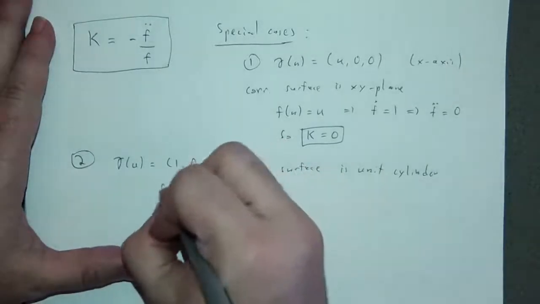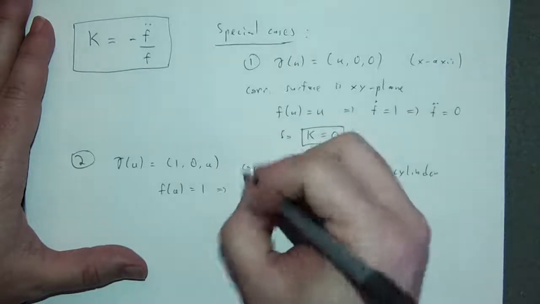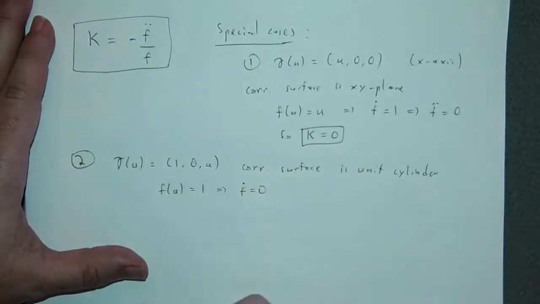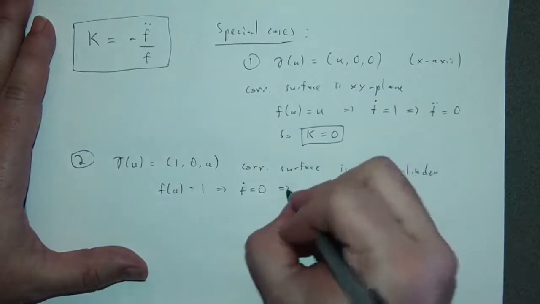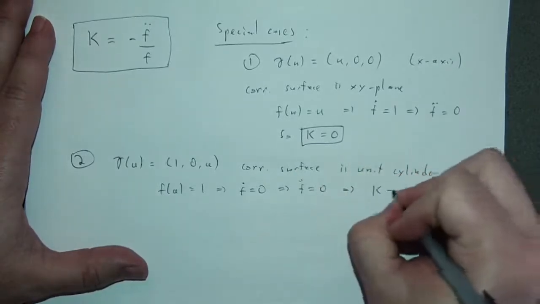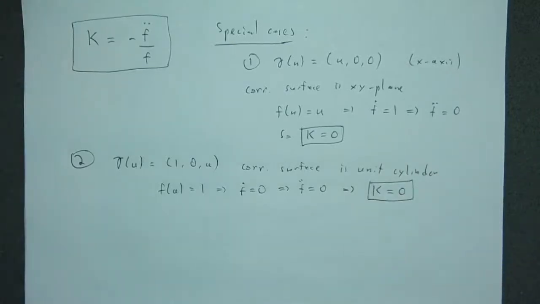Okay, f of u is 1, which means that f dot is 0. So, of course, f double dot is 0, which means that the Gaussian curvature of the unit cylinder is 0.